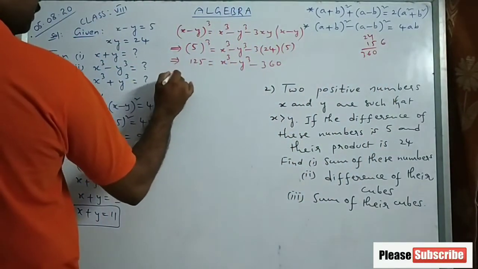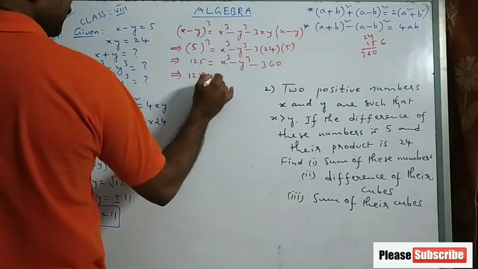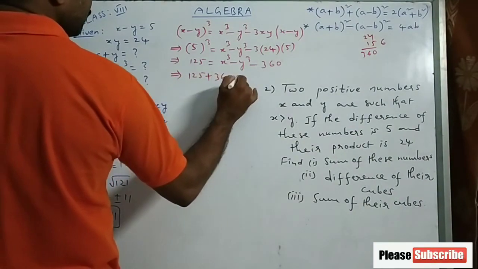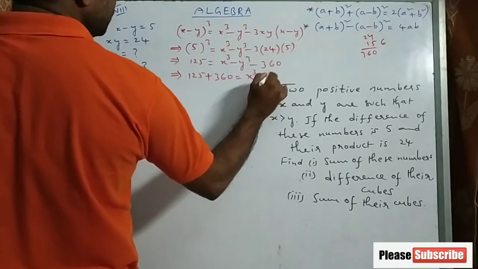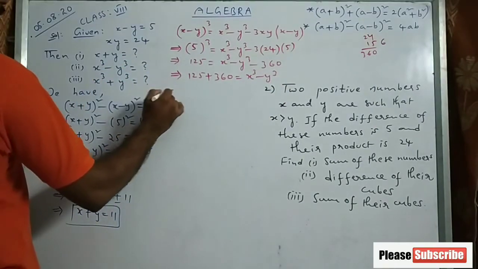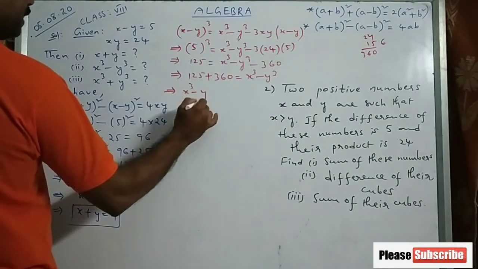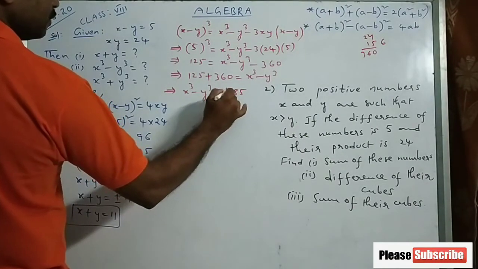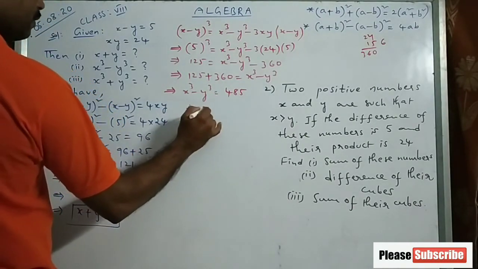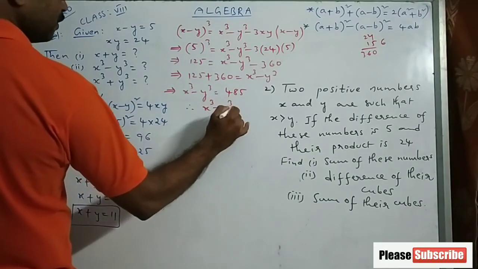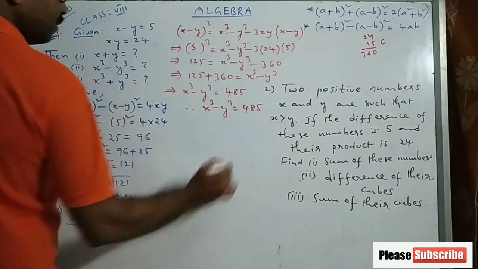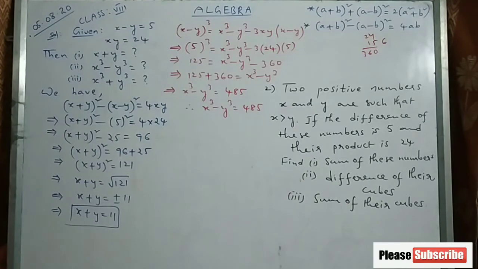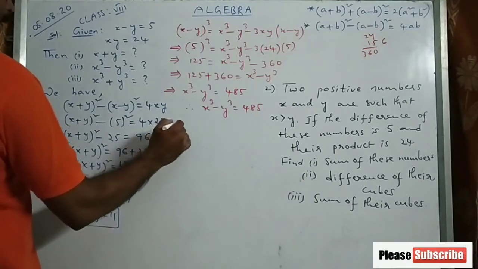Bring this to this side. 125 plus 360 equals x cube minus y cube. Adding these two values, 485. Therefore the x cube minus y cube value is 485.